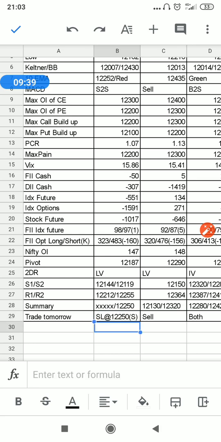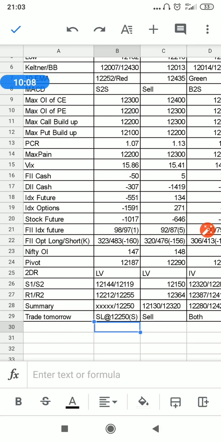And I will cover the short in two conditions: once the market goes to 12,250 or the market takes support at 12,130. That is for the positional. For the intraday, on any kind of bounce back to 12,200, 12,230 or 12,250, you can go short using a stop loss. The only place where we can try to buy is 12,130, in case the market takes support there.